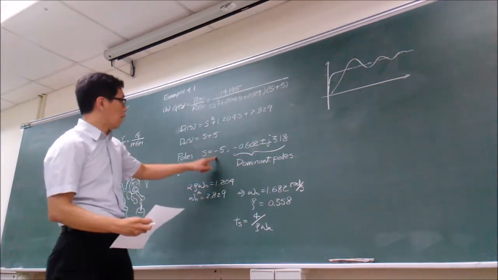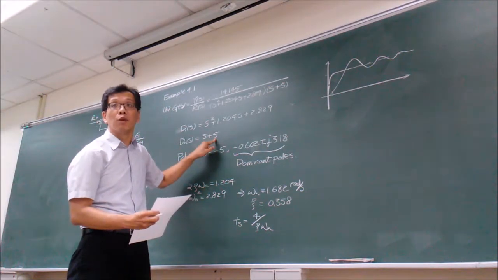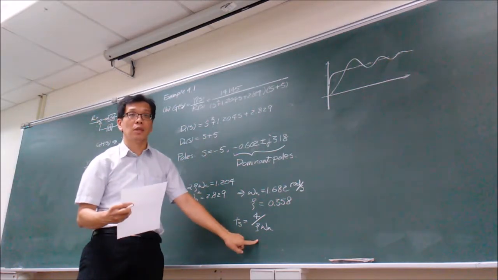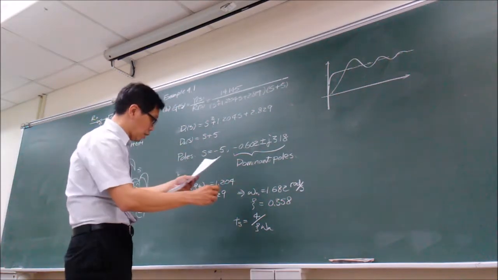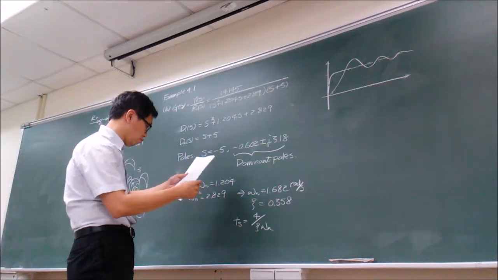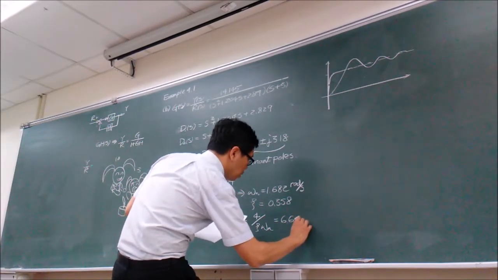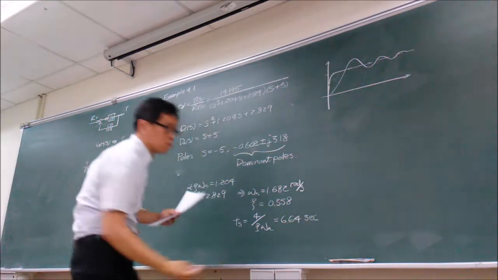Do not use tau over here because this one is way faster, which is not the dominant one. So we're going to use this one. In this case, this is going to be 6.64 seconds.